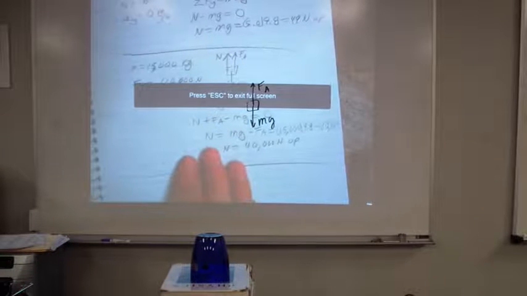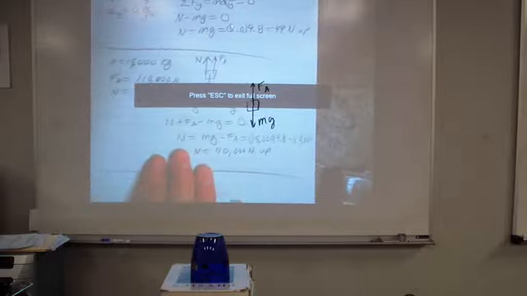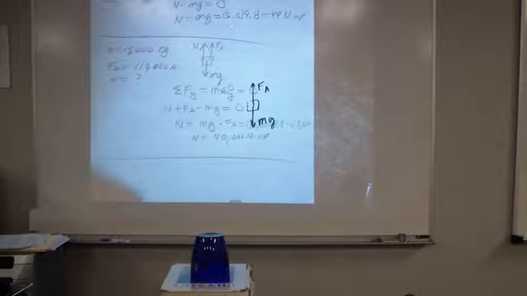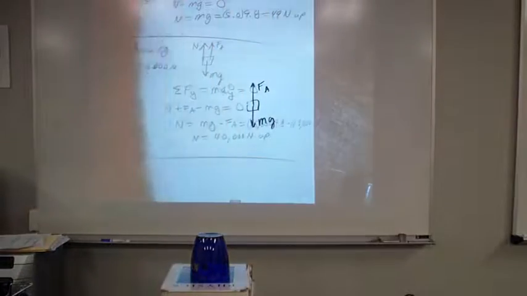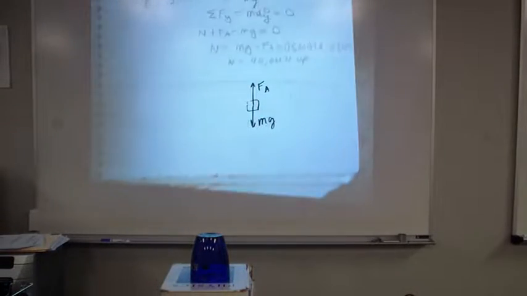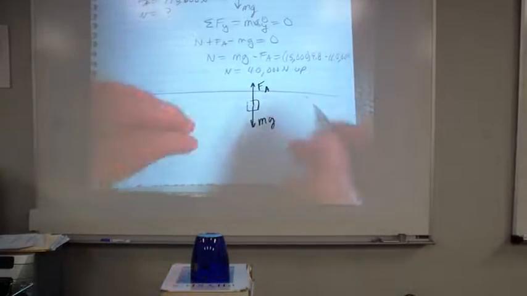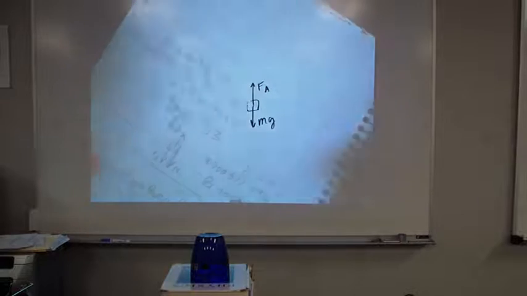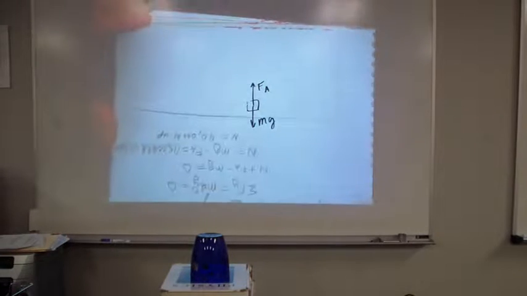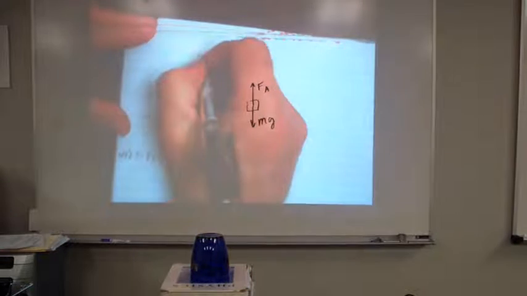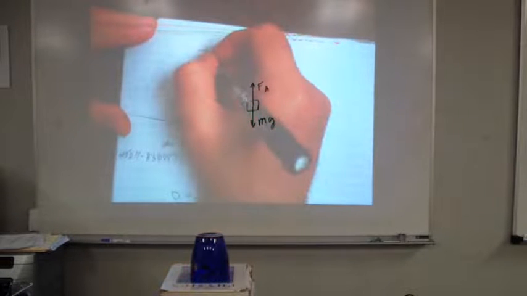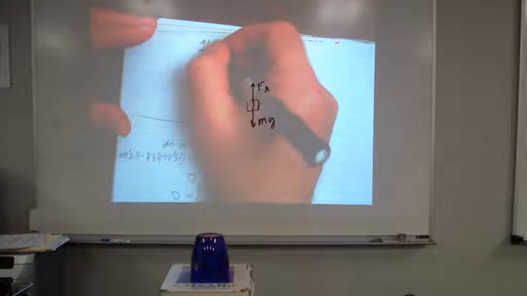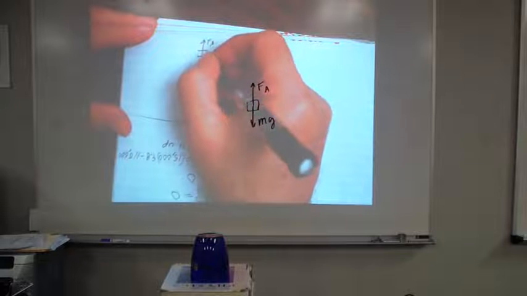Here's your free body diagram. I'm going to do this. We don't want to write on the edge. Fa is up. m times g is down.